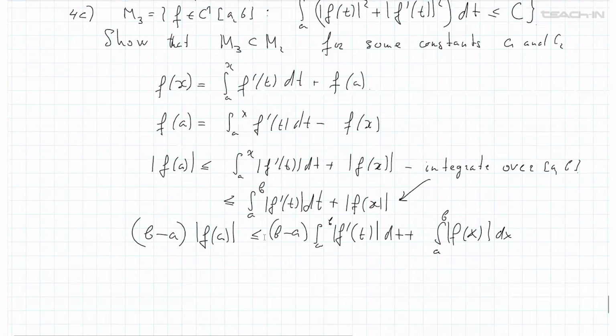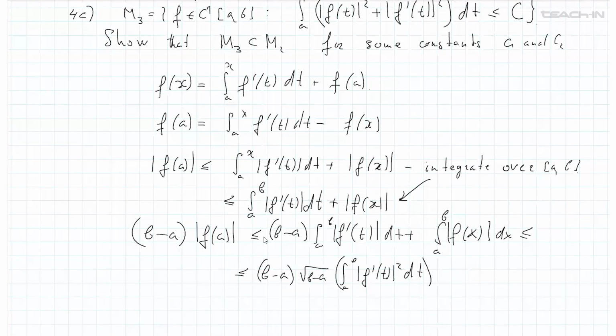Okay, and then use Cauchy-Bunyakovsky. So it is less than (b minus a) times the square root of b minus a times the integral of f'(t) squared dt to the power 1/2. And Cauchy-Bunyakovsky for the second integral: again the square root of b minus a times the integral of the square of the function.